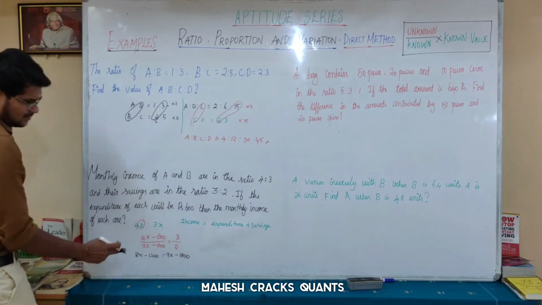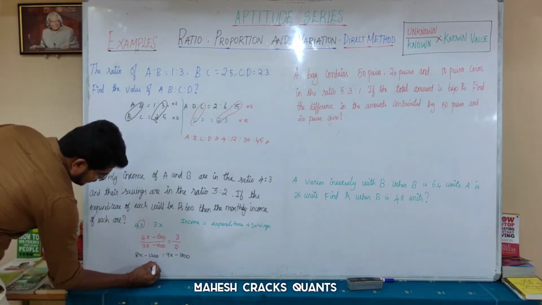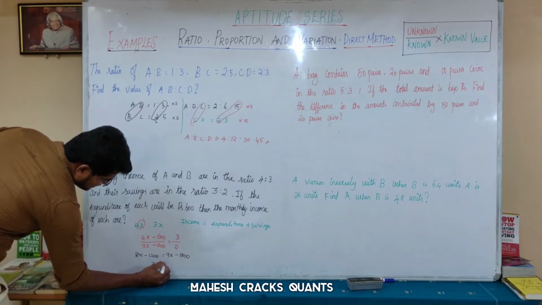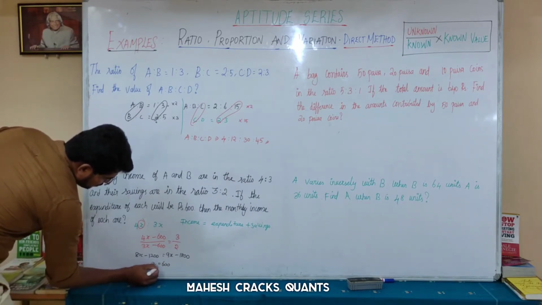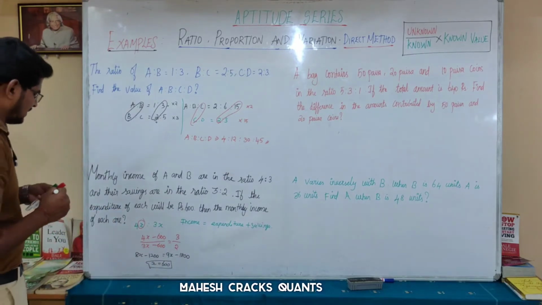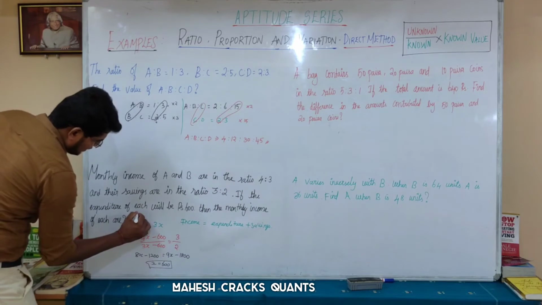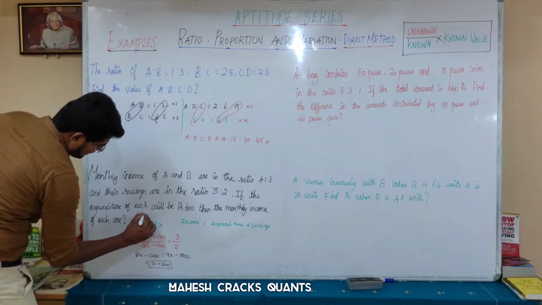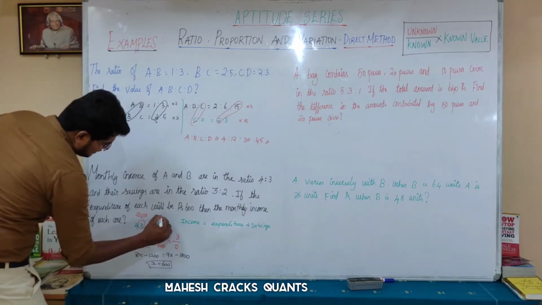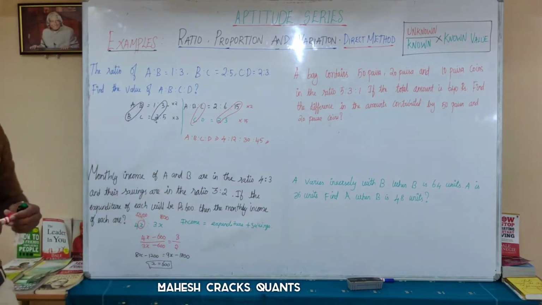So when you take 1800 here and 8x there, you will get x as 600. Substituting x as 600, income is 4 into 600, 2400 for A, and 3 into 600, 1800 for B.